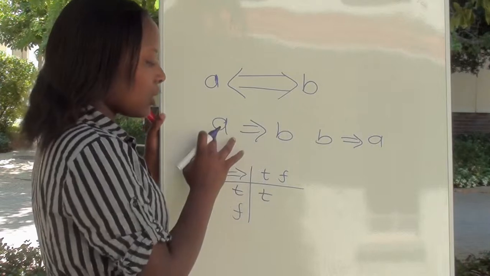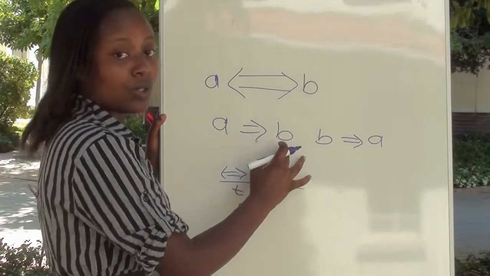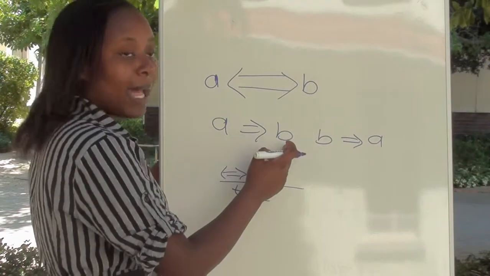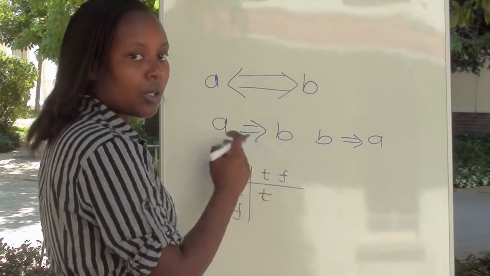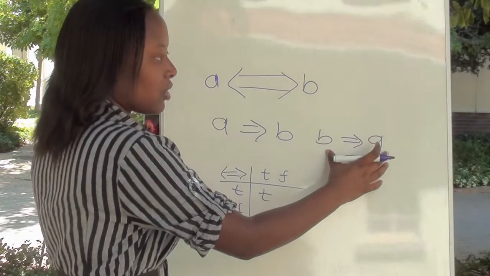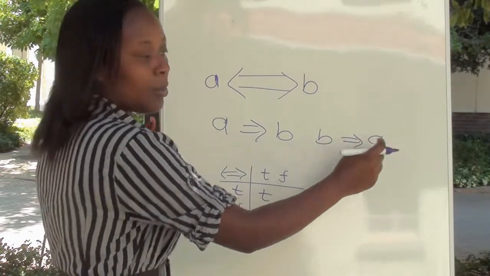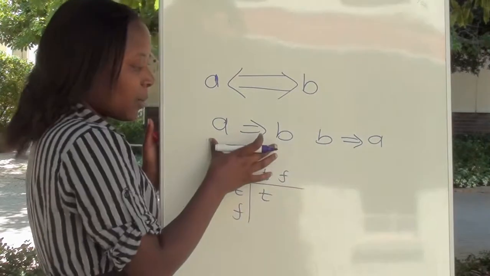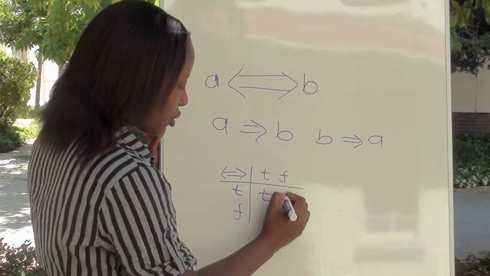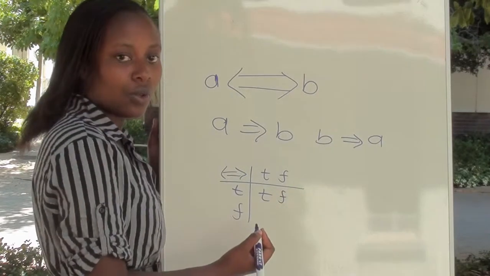Suppose now A is true, B is false. Then we have true implies false. That cannot happen. And as much as this will not say to us false implies true. That can hold, but this part will not hold. Therefore, we fail to have equivalence. So this is false.